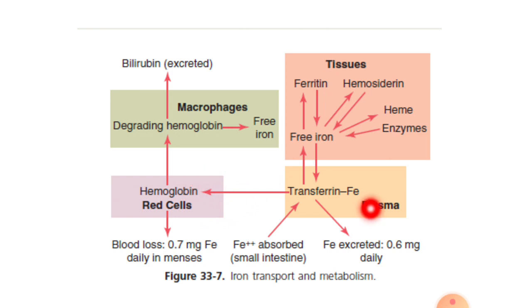Or a small amount of iron will be excreted, and if there is a decrease in the amount of transferrin, it will be replaced from the site of its absorption in the small intestine.